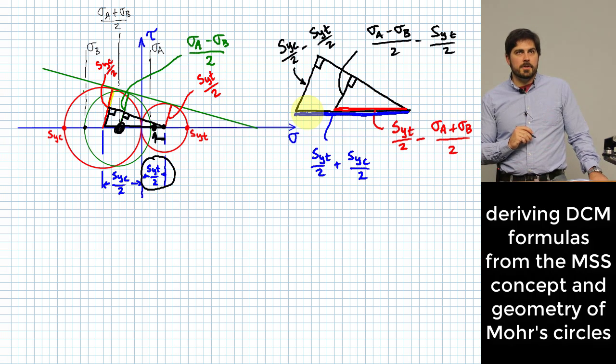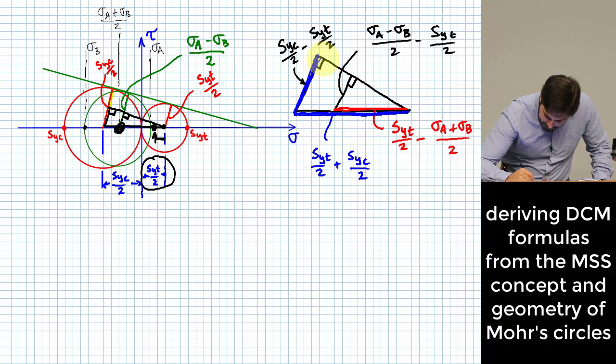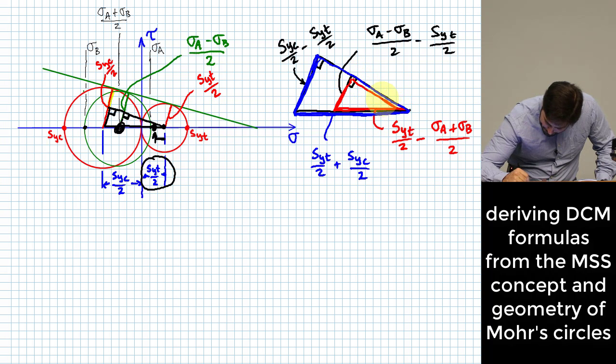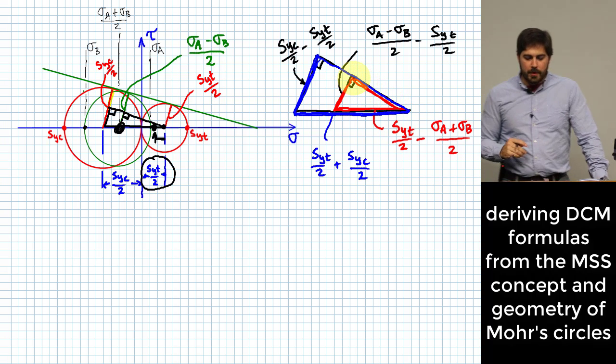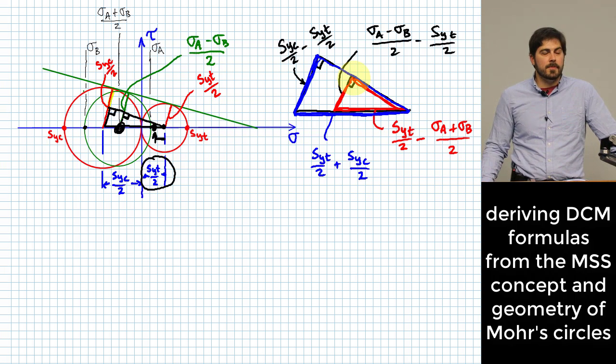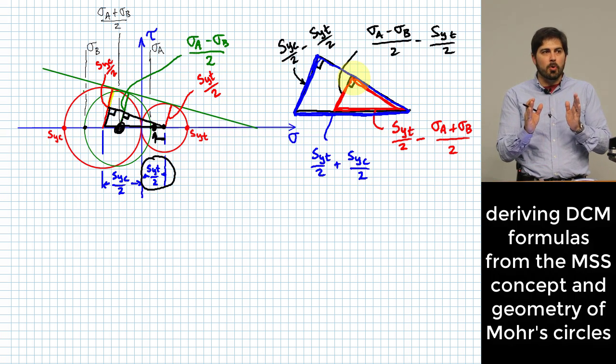Okay, so let me show you here that if I turn all of that triangle blue and I turn all this other triangle red, the red and the blue triangles are similar. Okay, because they're similar, I can take corresponding sides and set up proportions.